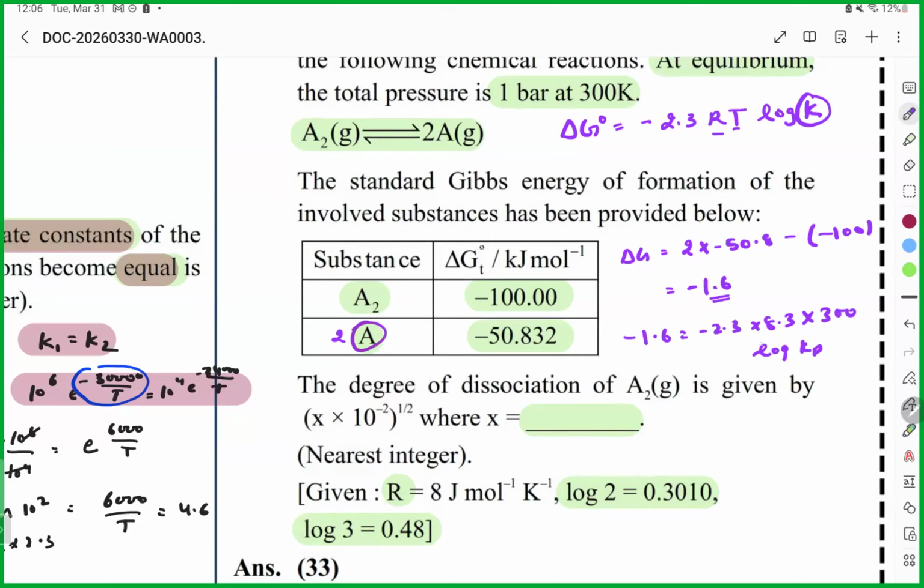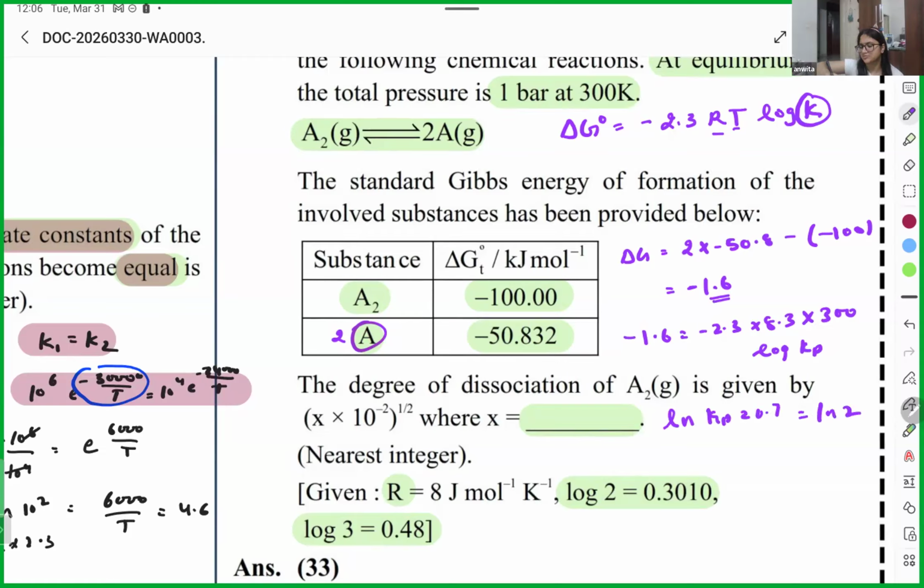So if you calculate Kp, you can calculate here. I think if you take ln Kp, it comes to 0.69. Yes, ln Kp if you do, it will be 0.69, and you know it is the value of natural log 2, correct?